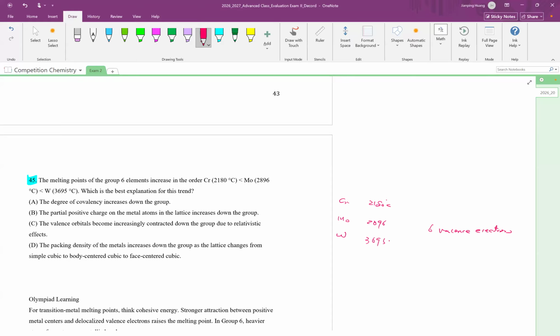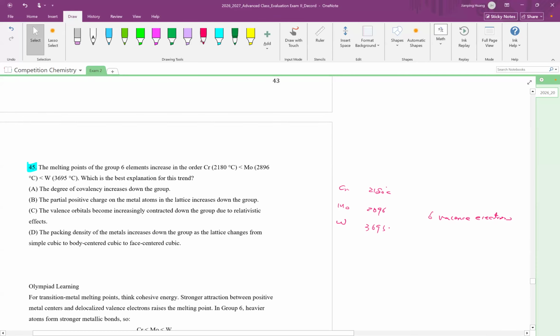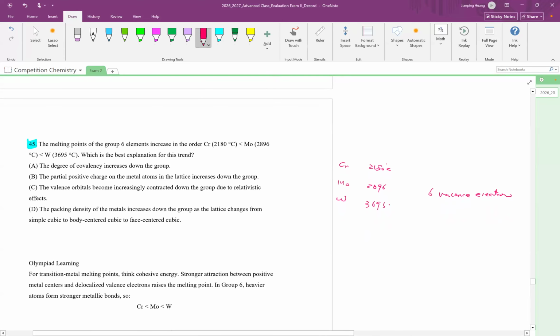What's the reason? The reason is that we look at metallic bond strength.